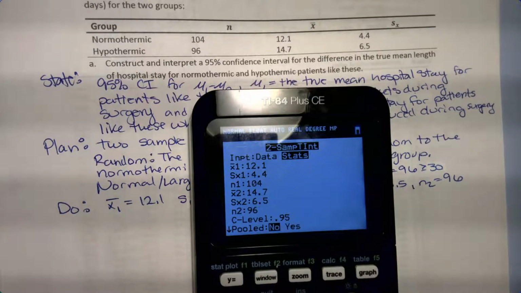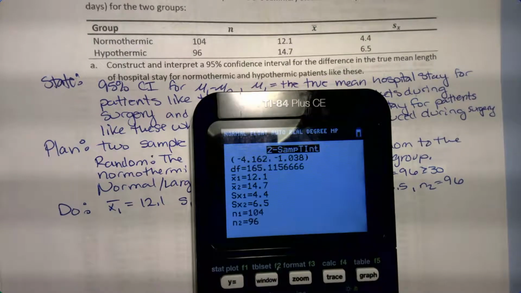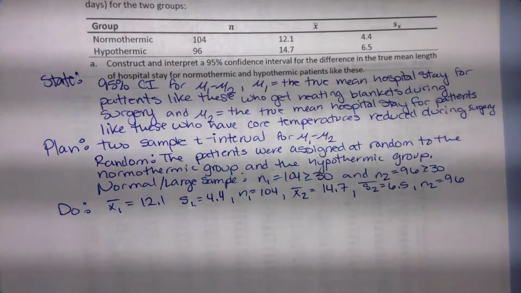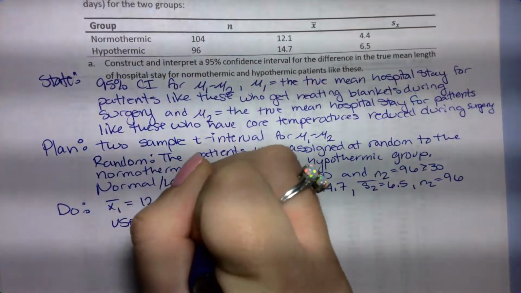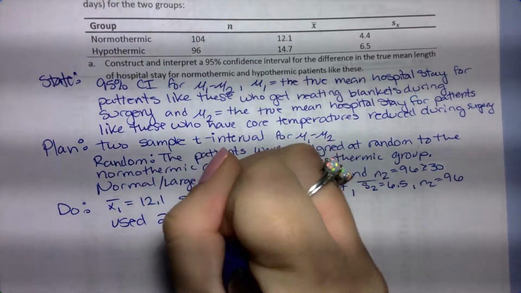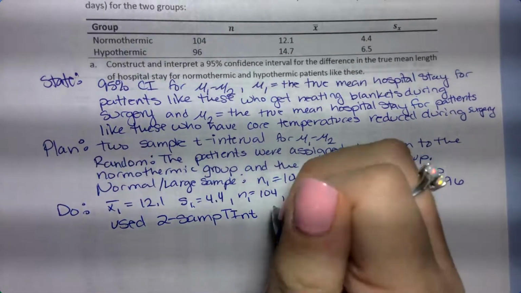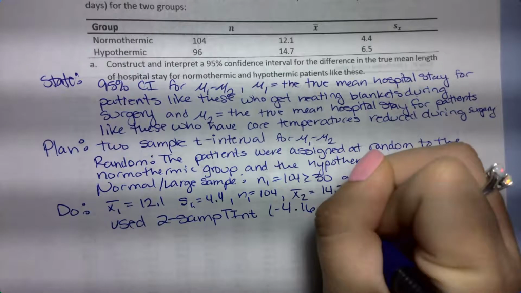And then I want to calculate, which gives me negative 4.16 to negative 1.04. And I want to write that I got this on the calculator, and then I got negative 4.16 to negative 1.04.